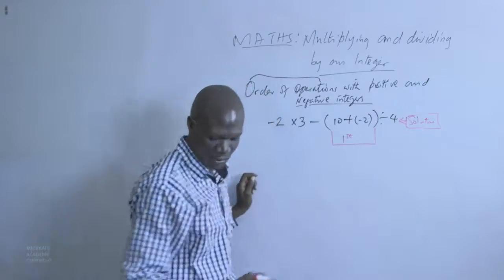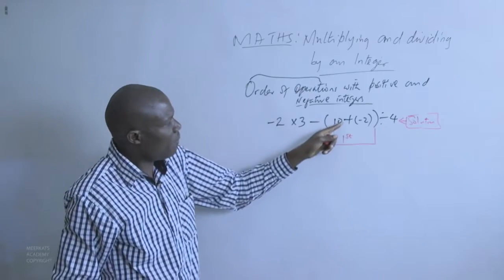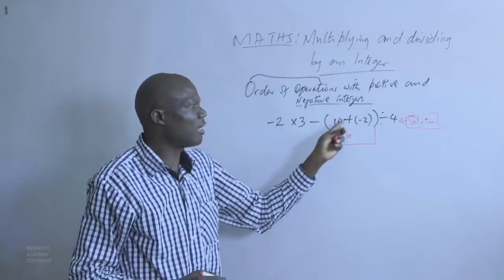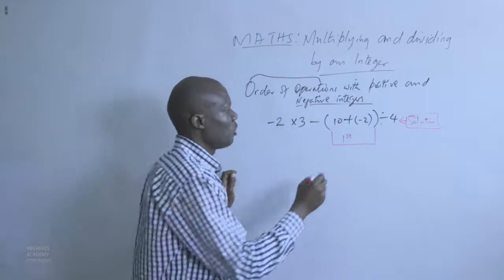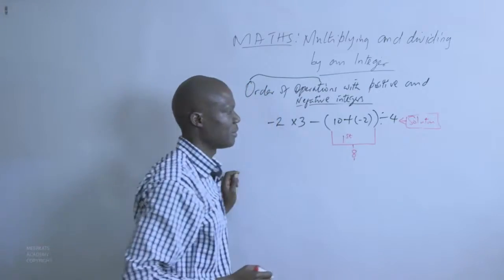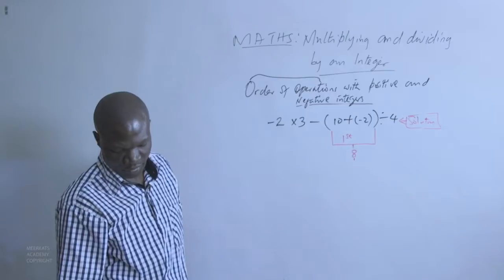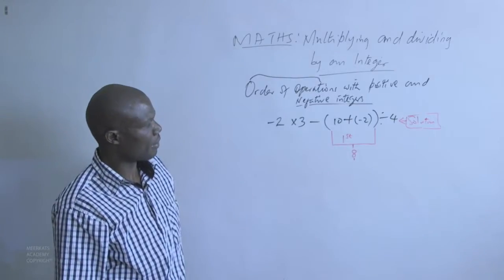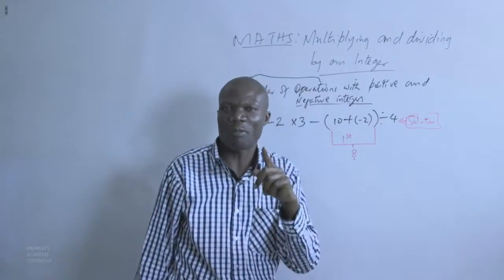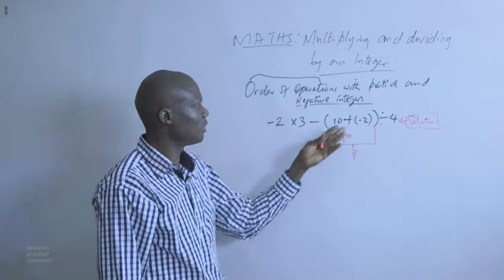So this is the first. 10 plus negative 2 is the same as 10 minus 2, which will give us 8. Do we have any other brackets remaining untackled? We don't.